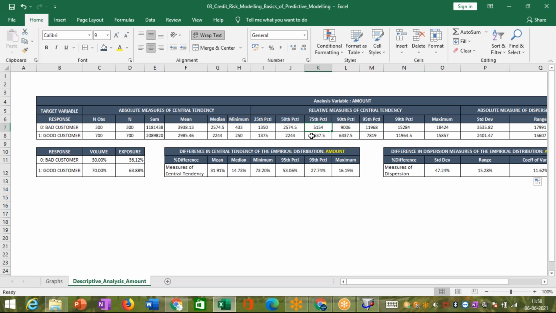So between the 50th percentile value and the 75th percentile value, the amount of credit has increased, and it is nearly double, right? So the amount of credit has doubled.